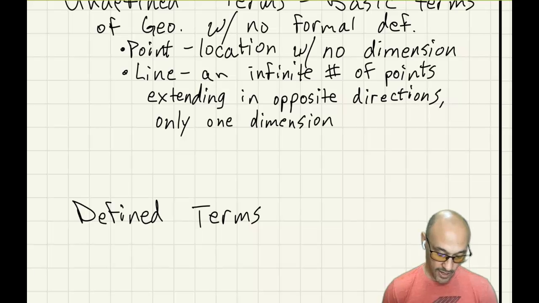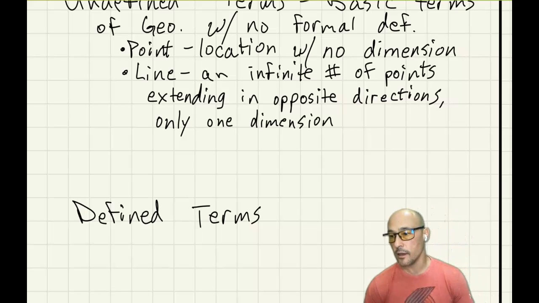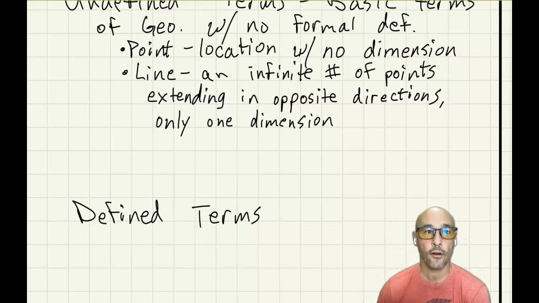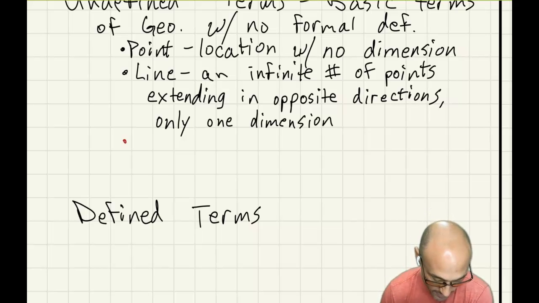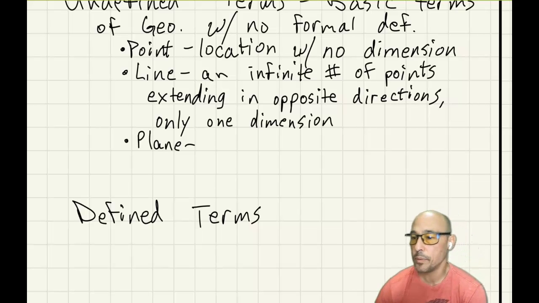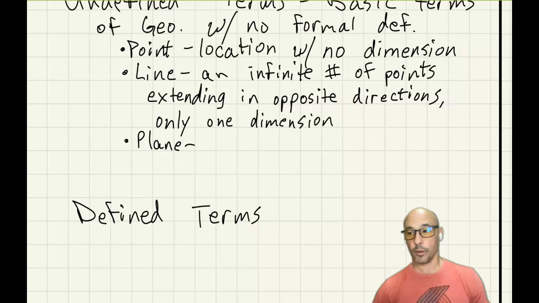Okay. Now the third undefined term is plane, and this is not like an airplane, even though they do have an airplane in the explanation here.